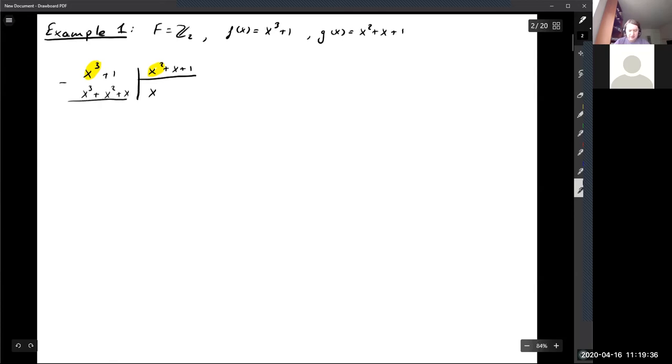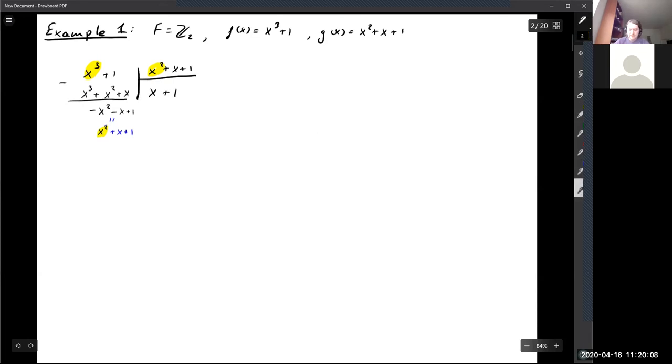So what we obtain is minus x squared minus x plus 1. But of course, since we're working over Z2, minus x squared is the same as x squared, so we get x squared plus x plus 1. Then we compare again the leading term of this polynomial with x squared and see that we have to multiply by 1 to subtract.